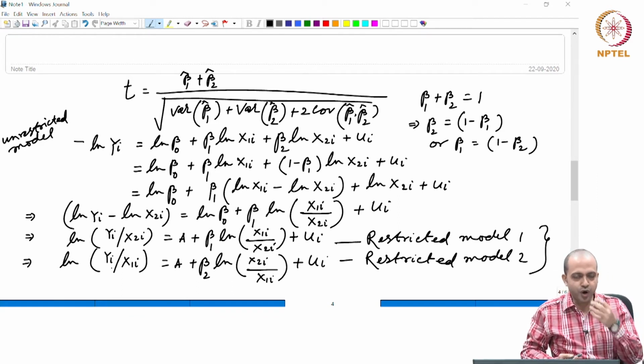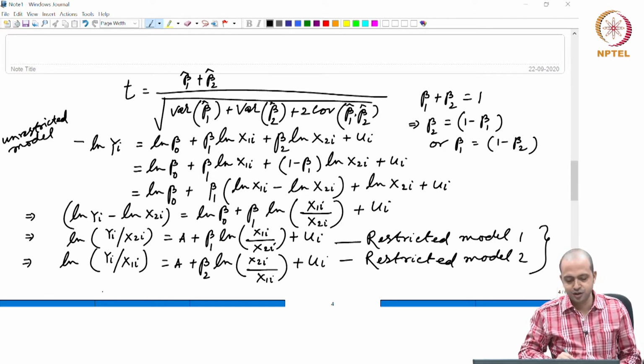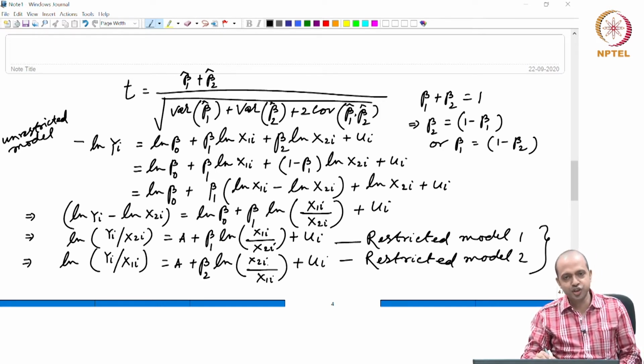So, for 1 unit of labor, how much capital that labor is getting will determine the labor productivity, because this left hand side, output by labor, is called labor productivity, the average productivity of the labor, and it is determined by how much capital is allocated per unit of labor.